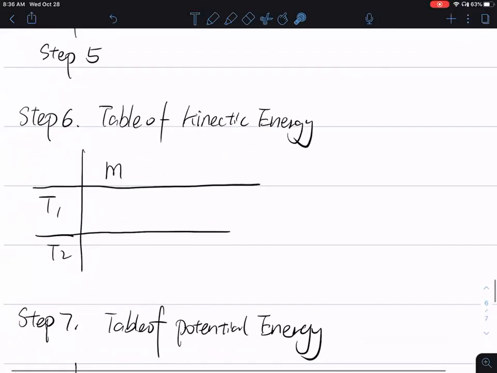Now let's think about what the kinetic energy at position 1, T1, is. How to calculate kinetic energy? That's 1/2 m v1 squared. What is the velocity or speed at position 1?